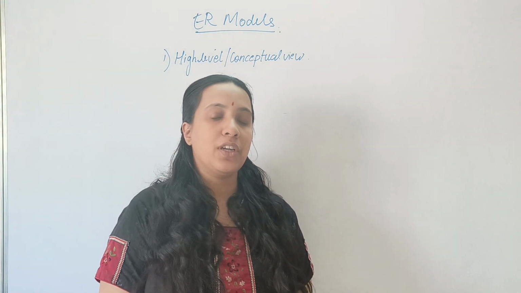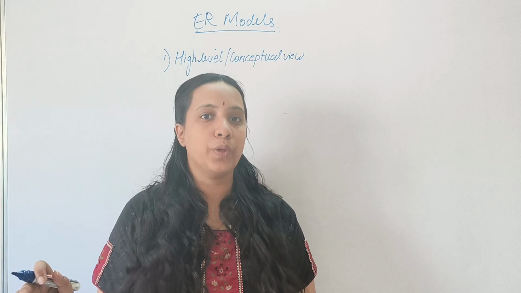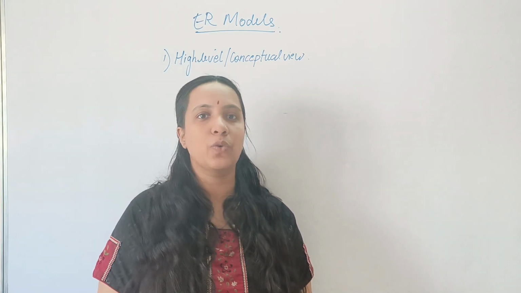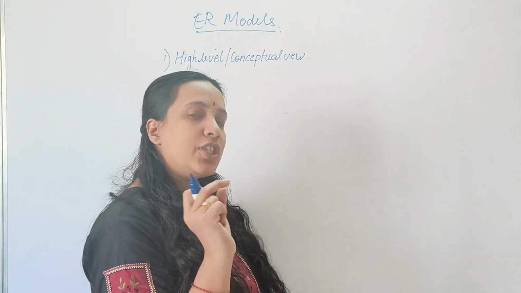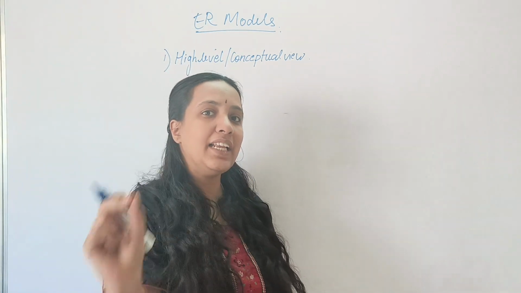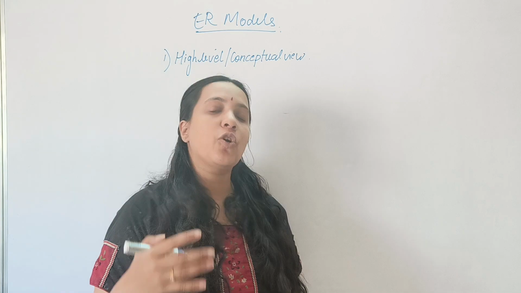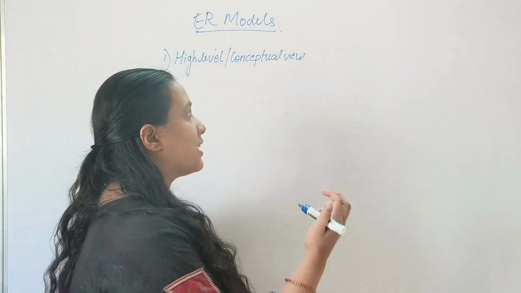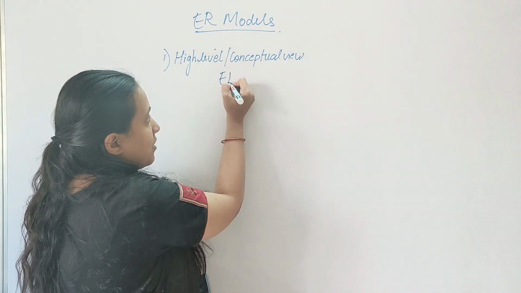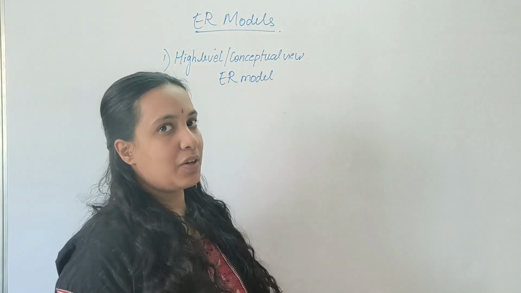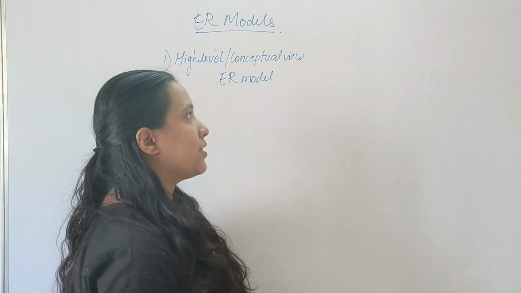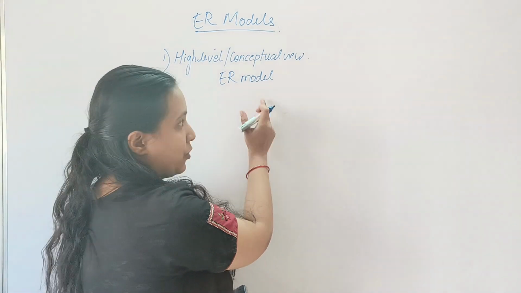This model gives us a high level overview of the data which is stored in the database. The model which is used to explain the high level data abstractions of the database is nothing but the ER model. Now the very next question is, what is an ER model?